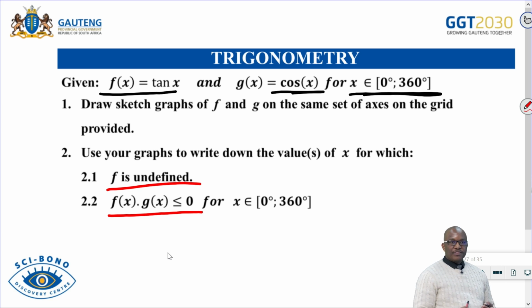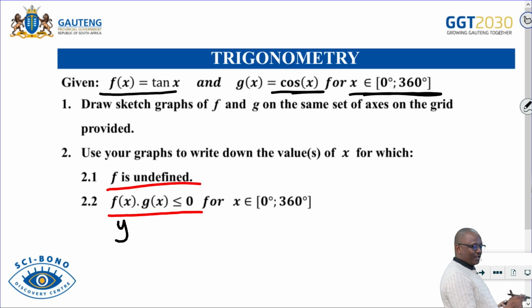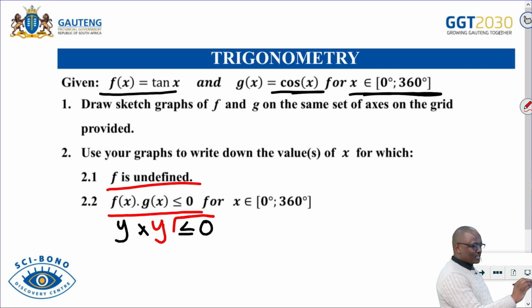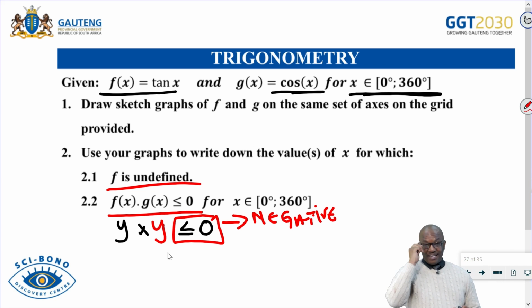So, with this type of question, we always say that the minute they are talking about f of x and g of x, you know that they are representing the y value of f multiplied by the y value of g. When you multiply them, you must get less than or equal to 0. The minute you're saying less than or equal to 0, automatically you are saying the value must be negative. Values that are less than 0, they are negative.